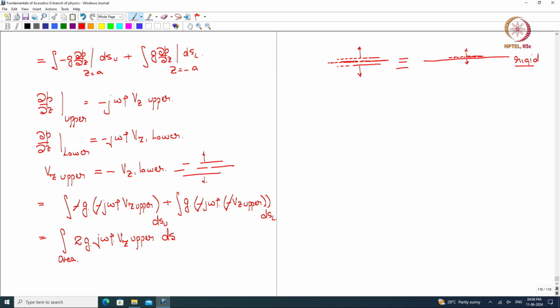And if we have this situation, the solution for pressure P at a certain x1, y1, z1 is given by this integral over an area of j omega rho Vz, e to the power of minus j k r by 4 pi r as the green function, and twice the green function into the surface area.